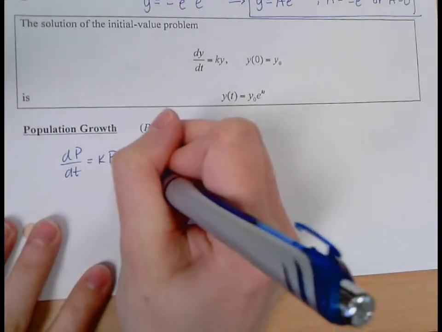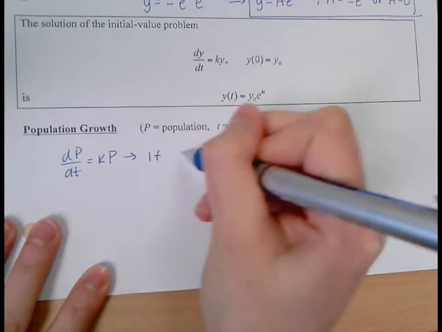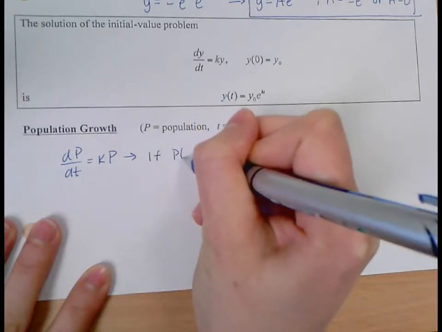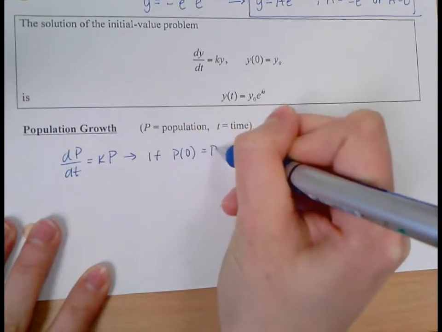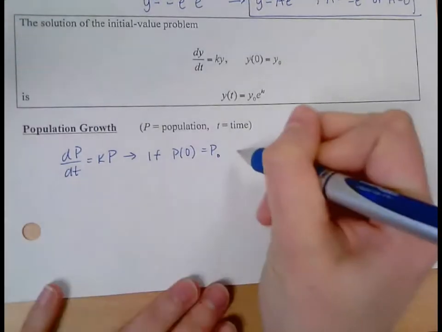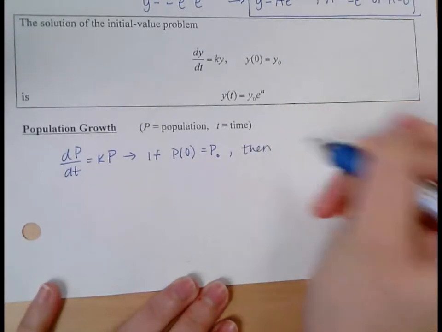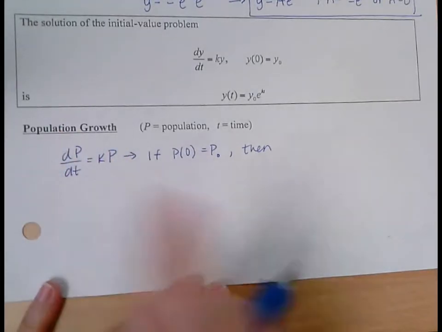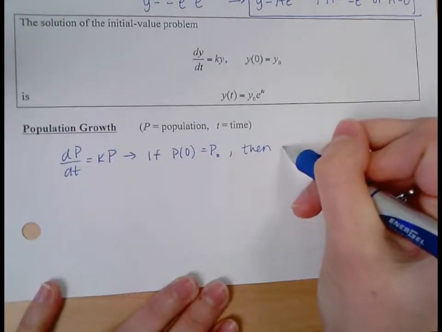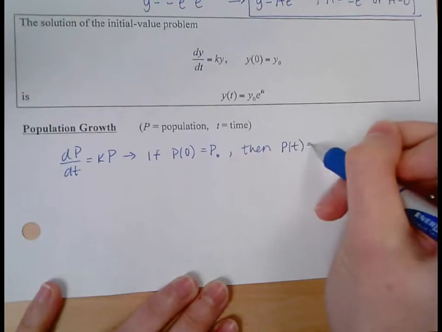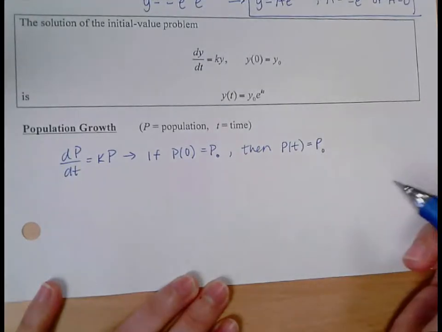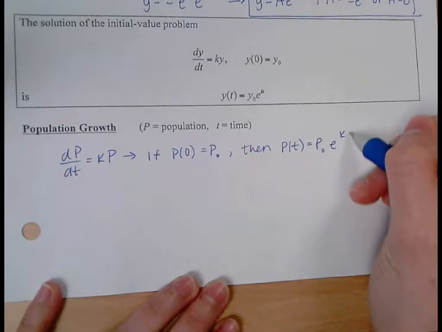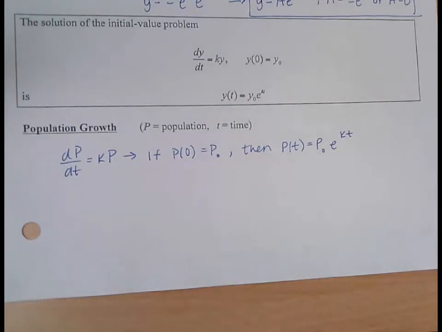And therefore, if we let the initial population P of 0 be P sub 0, then this is going to be the solution of every differential equation of this form for population growth: P of t equals P sub 0, the initial population, times e to the kt. So all solutions would be in that form.